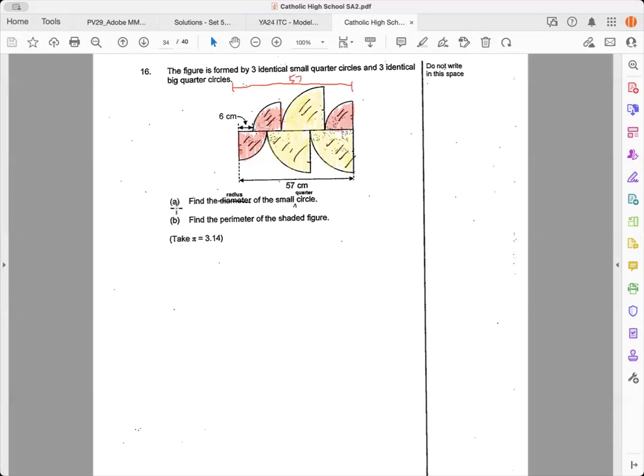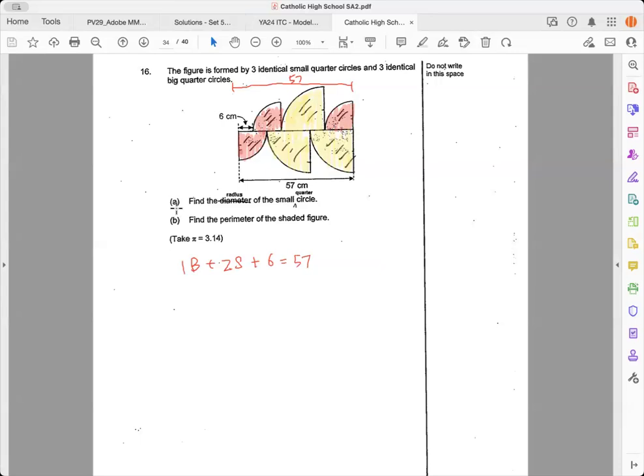So the top is actually made up of one big quarter radius plus two small quarter radius plus 6 centimeter, and that equals 57.